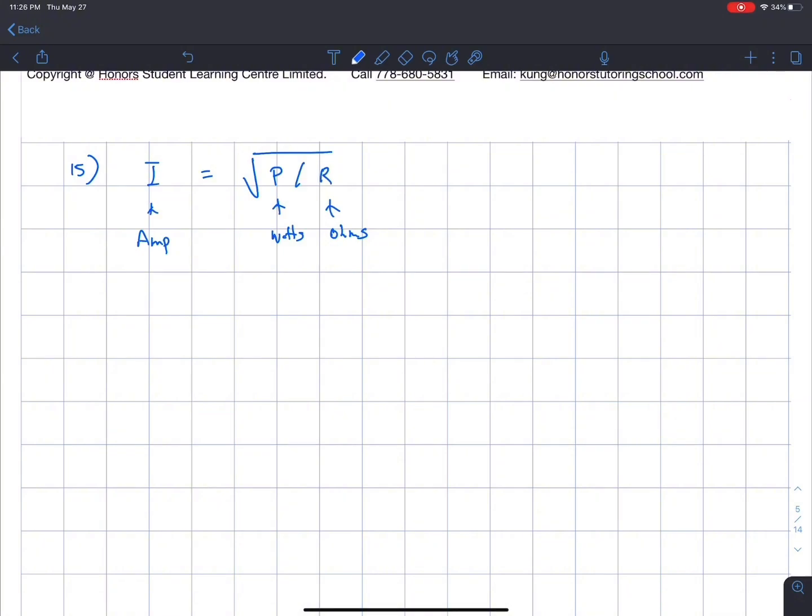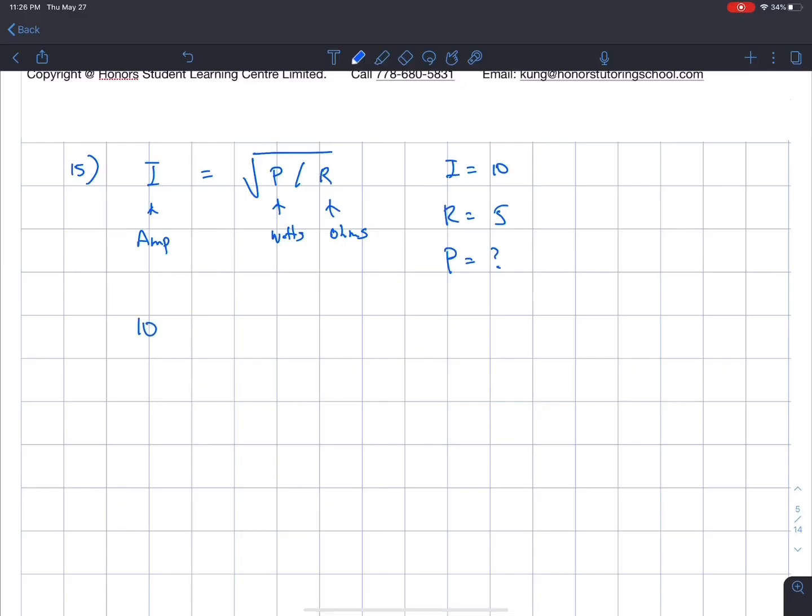So the current is 10 amps, so that means I is 10. The resistance is 5, so R is 5 in ohms, and they're asking us what is the power in watts.